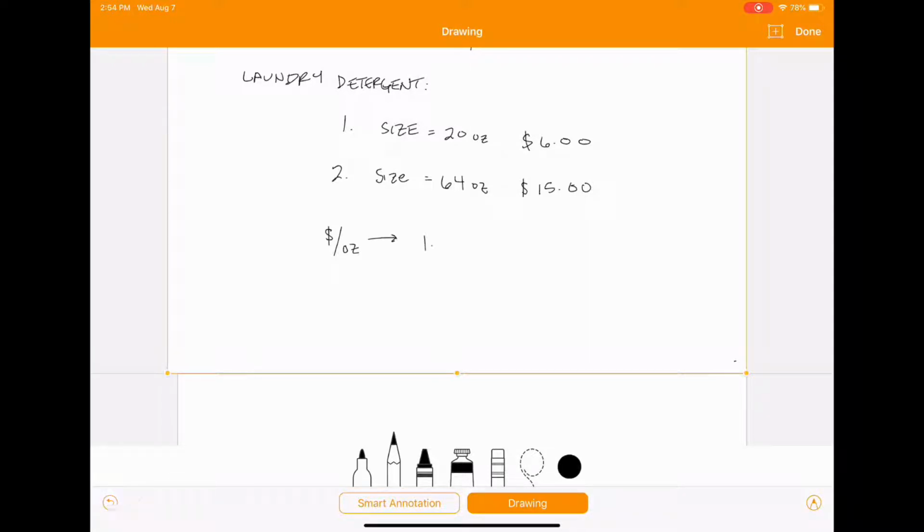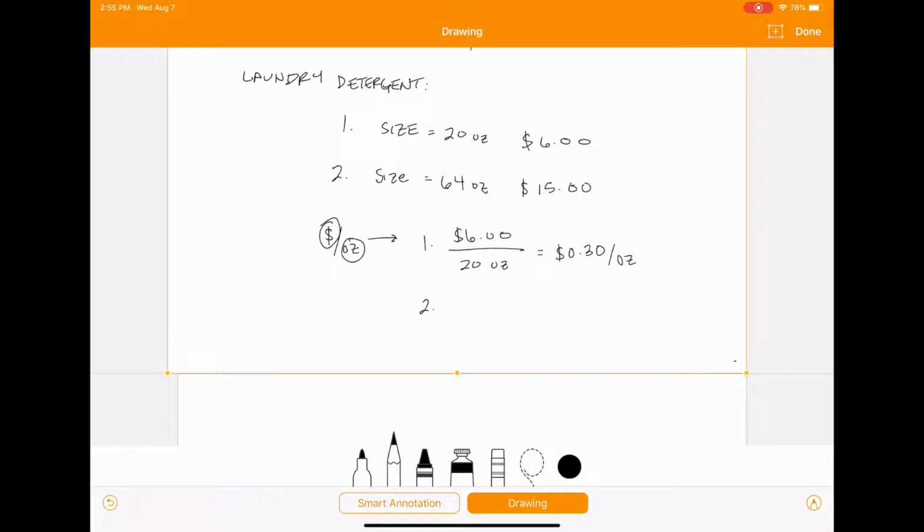So for number 1, all you're going to do is you're going to take your dollar amount and then divide it by its size. See how we have dollars on top here and ounces on the bottom here? We want the same thing to happen when we're doing our math. And when you perform that math, you get that it is 30 cents per ounce for number 1.